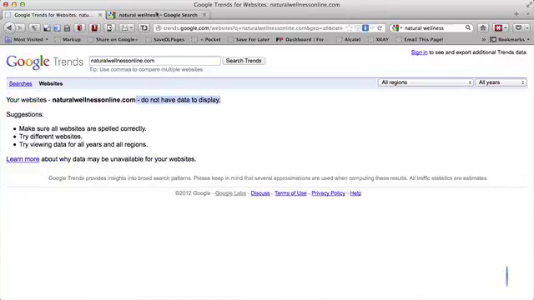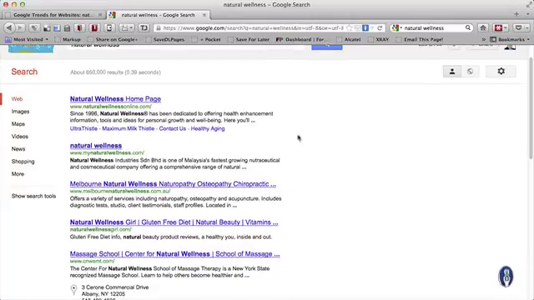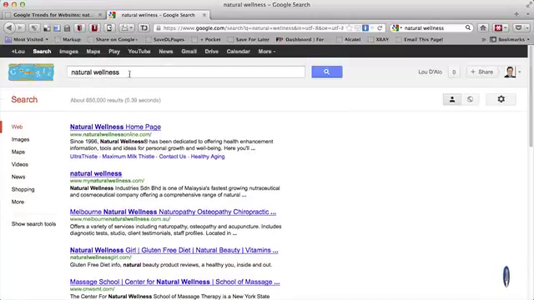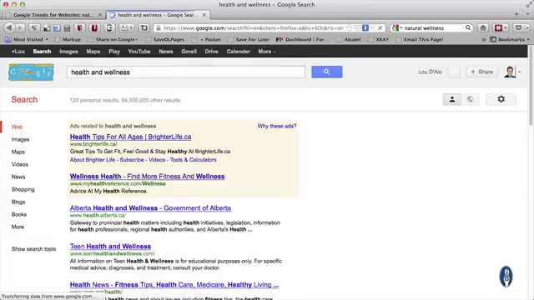So probably in terms of that particular area, this website is not getting any traction. There's no advertising here, so that tells me that the keyword natural wellness is probably not one that's sought after too widely. But let's look at maybe health and wellness.